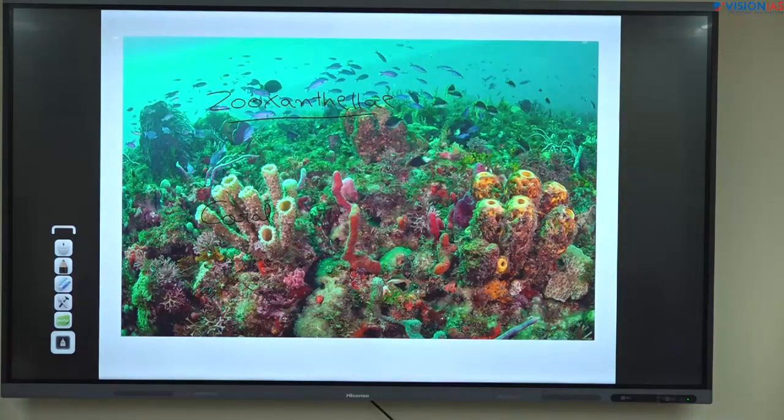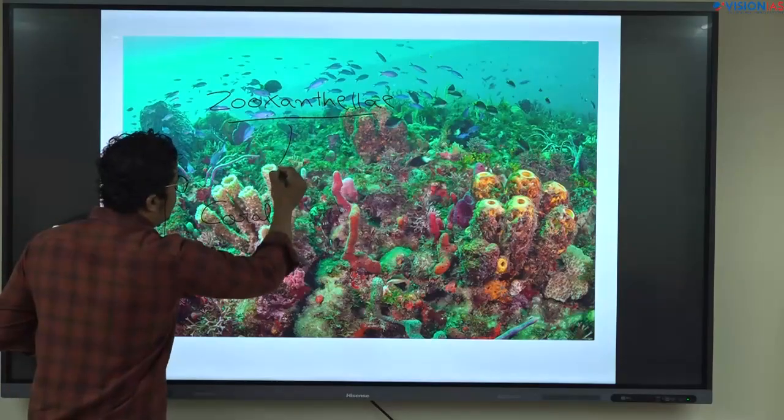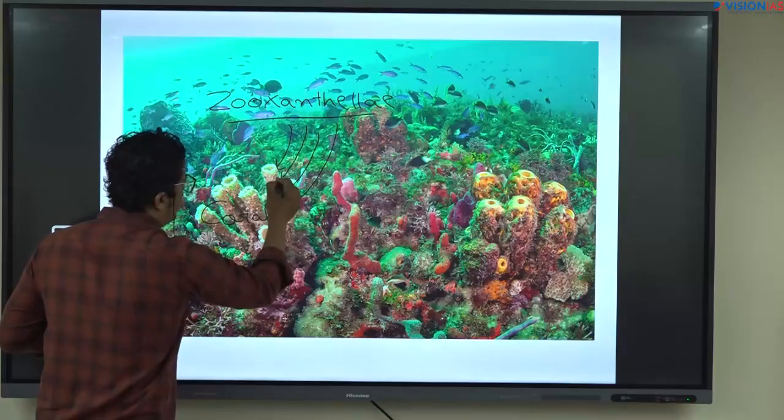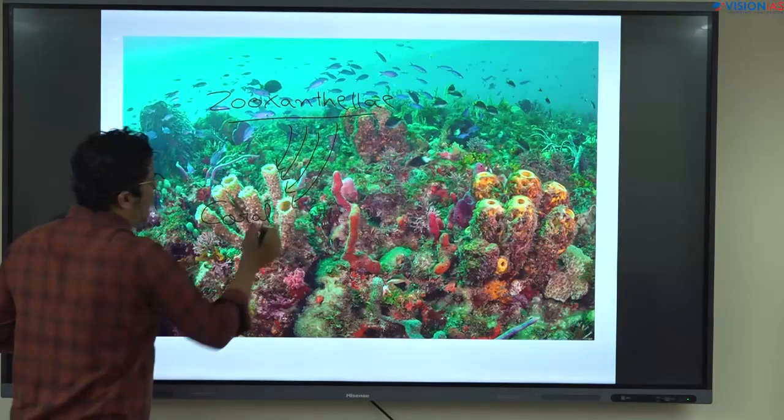Zooxanthellae is a phytoplankton. What is phytoplankton? Plants. Plants that you find in the ocean. So zooxanthellae is a plant and it is very small. You can see zooxanthellae only through a microscope. It is not visible to the naked eye. So zooxanthellae lives in the shells of corals. Very small.